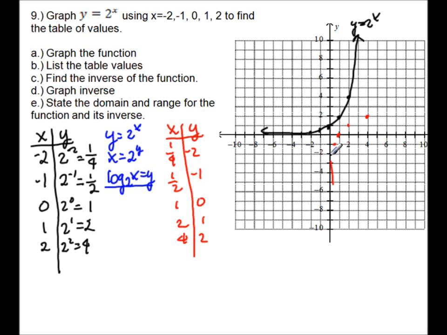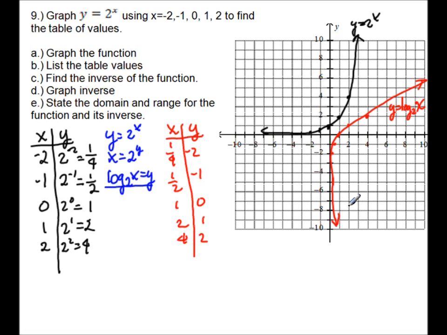Now what we want to do is graph the line. And we know that the equation of this line is going to be y equals log base 2 of x.